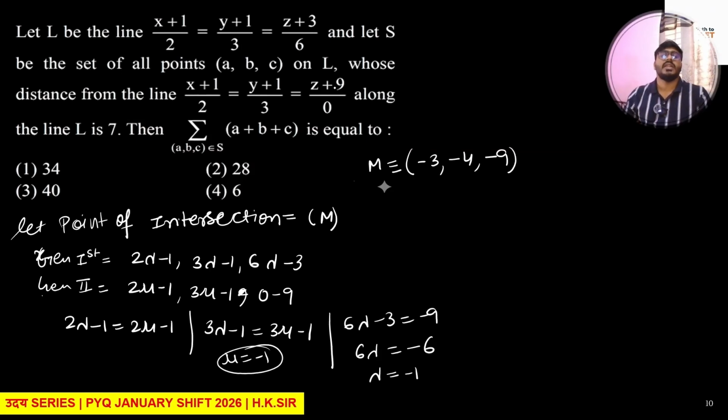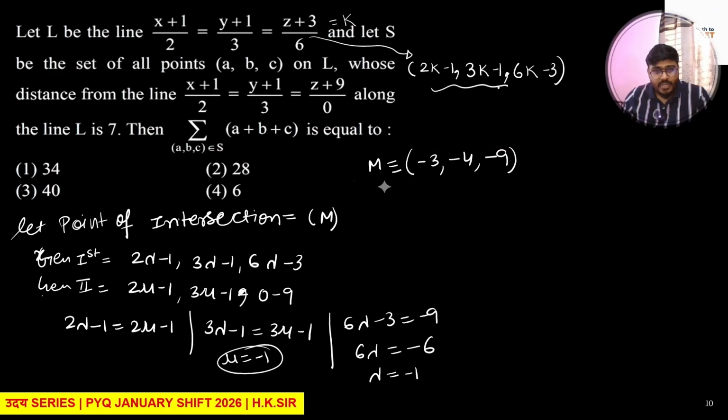Now what they are asking is the distance of a point on the first line. If you want to take the general point on this line, you can take it equal to k, so it is 2k minus 1 comma 3k minus 1 comma 6k minus 3.